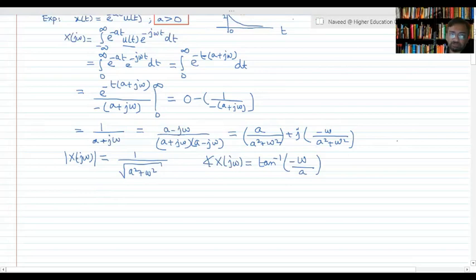Because, for example, in the magnitude function, if I replace omega by minus omega, I will get the same right hand side, which means that magnitude of X(j omega) is equal to magnitude of X(minus j omega), which satisfies the condition for a function to be an even function. Now, let us plot the magnitude and the phase functions.